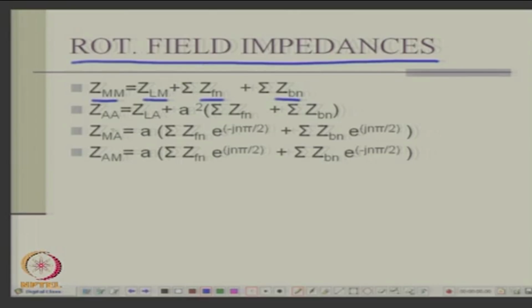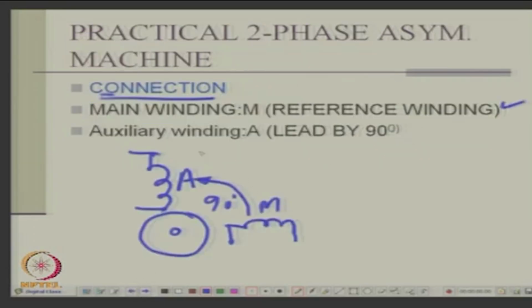And ZAA, that is the self impedance of the A winding, will be again its own impedance ZLA plus A square times, because of the number of turns. We have taken NA by NM, this is what we have said, the auxiliary winding will have A times the turns of the main winding.